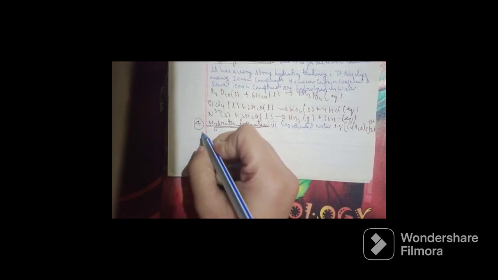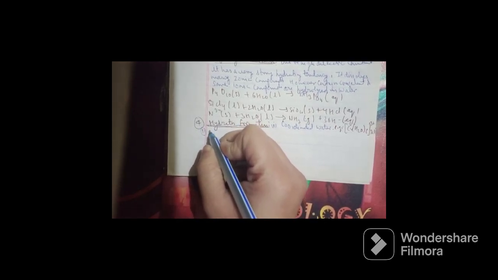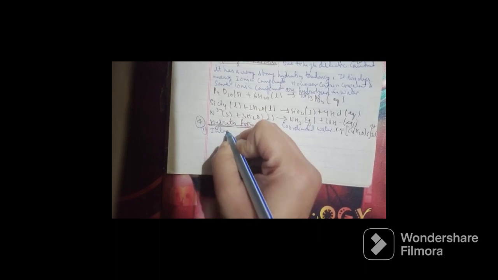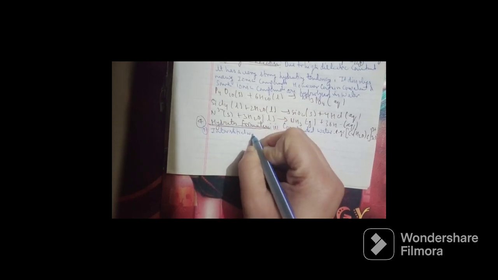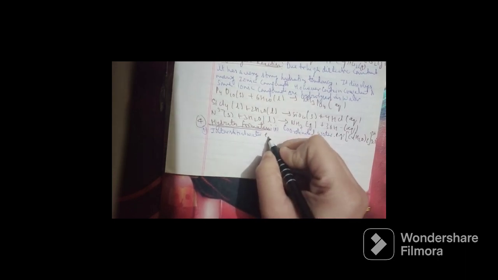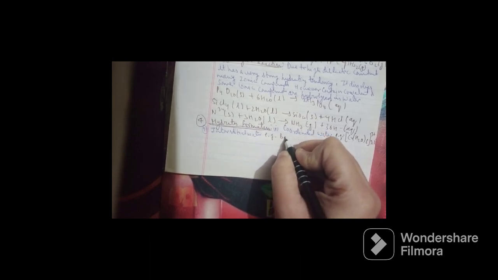For the second we have interstitial water, for which an example is BaCl2 dot 2H2O.